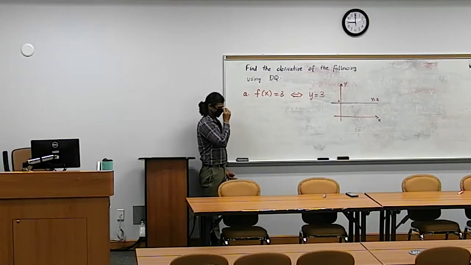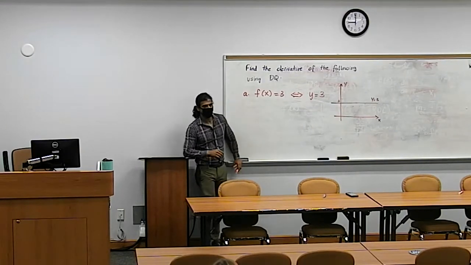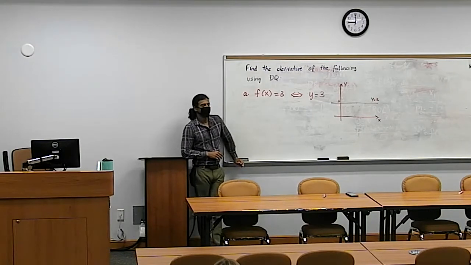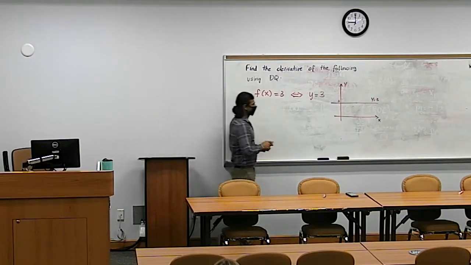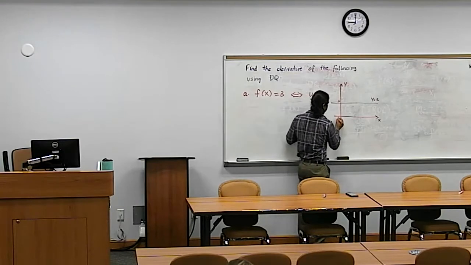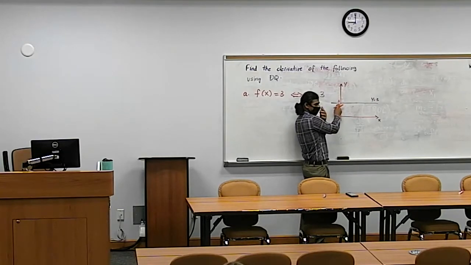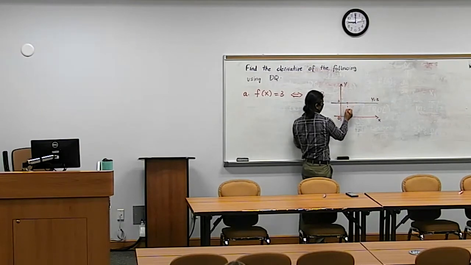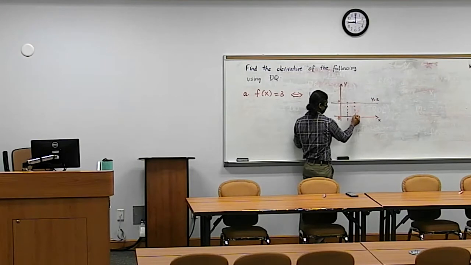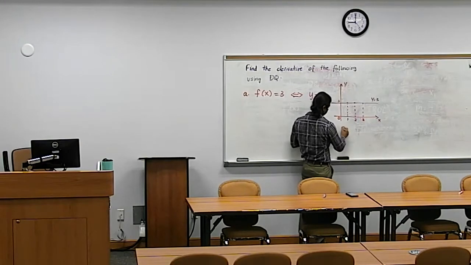Now, what is the slope of a horizontal line? 0, right? The slope there is 0, agreed. What about the slope at x equal to 1? At x equal to 2. x equal to 3. 0. So the slope is 0.